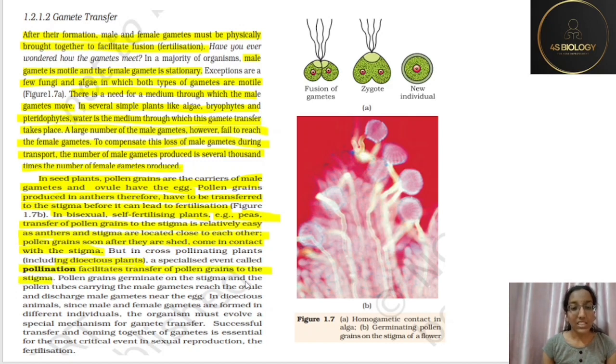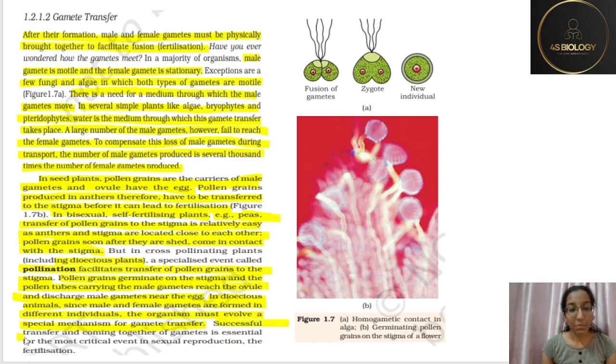Pollen grains germinate on the stigma and pollen tubes form, carrying the male gametes to reach the ovule and discharge male gametes near the egg. In dioecious and unisexual animals, since male and female gametes are formed in different individuals, the organism must evolve a special mechanism for gamete transfer.